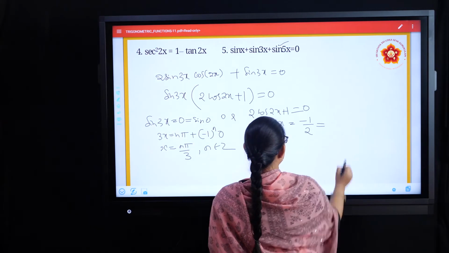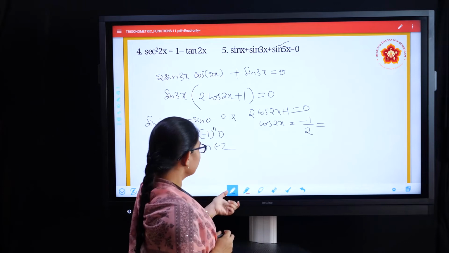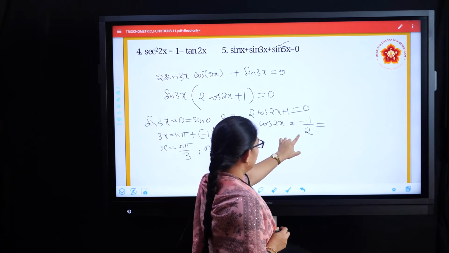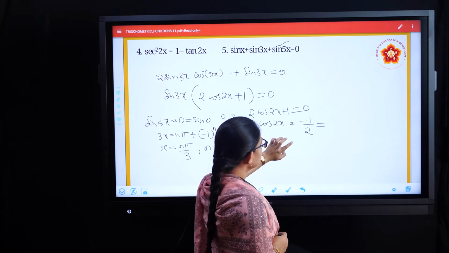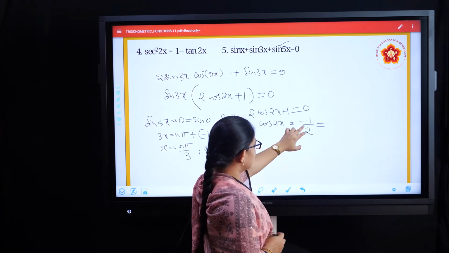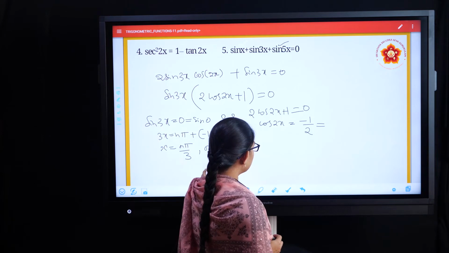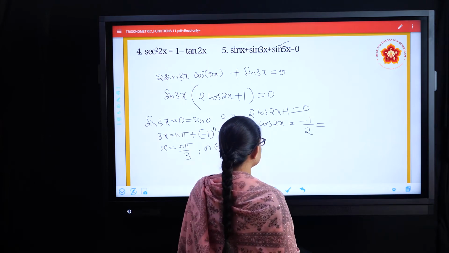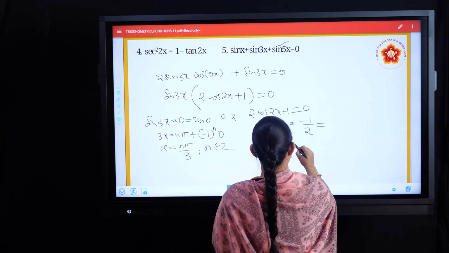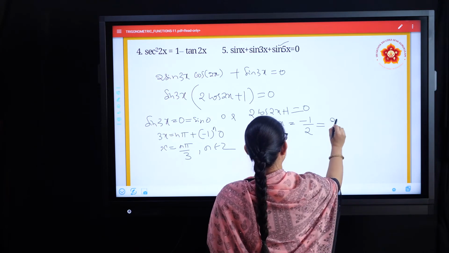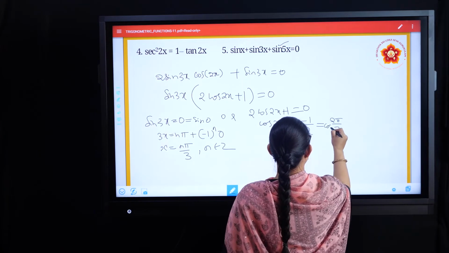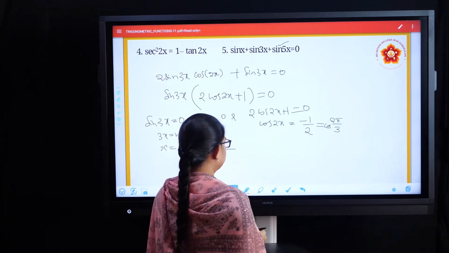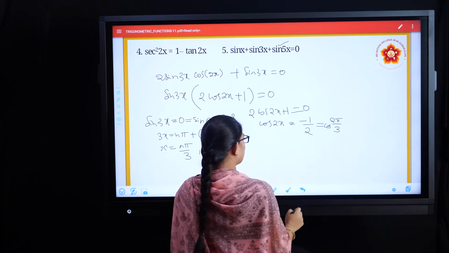Now minus 1 by 2, so cos is half for pi by 3, and where it is negative, cos is negative in the second and the third quadrant. So we can choose the second quadrant angle for pi by 3, so that is pi minus pi by 3. Pi minus pi by 3 is 2 pi by 3. So we can write this as cos 2 pi by 3.